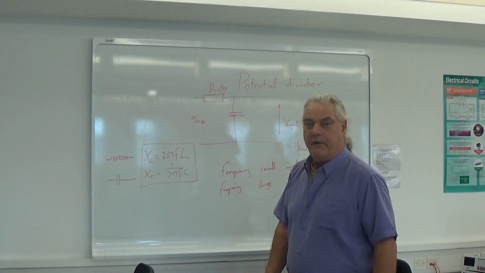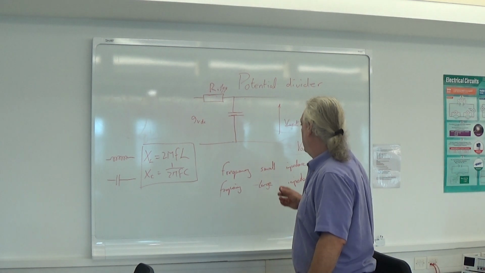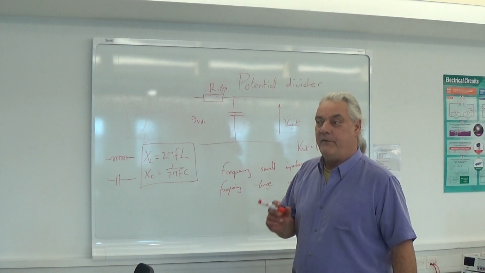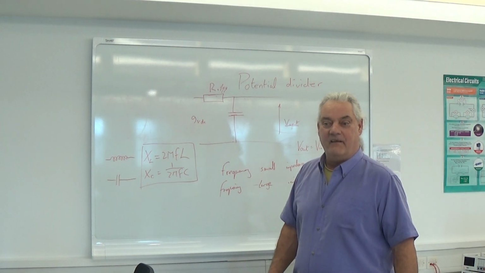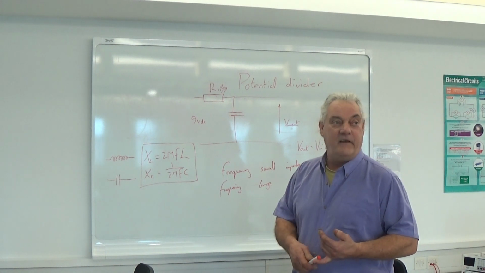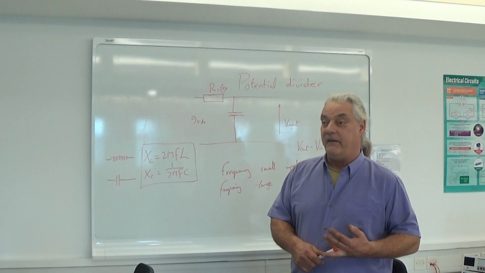So if I summarise that information, which is what science is all about, summarising things: if I put high frequency through that, it lets it through. If I put low frequency through it, it blocks it. It lets through high frequency, and it interferes with or interrupts low frequency. Yeah?